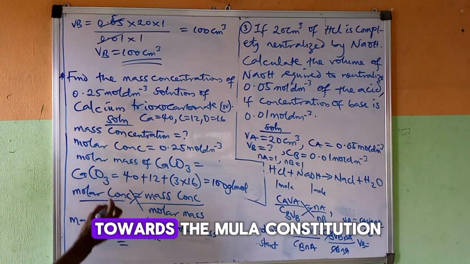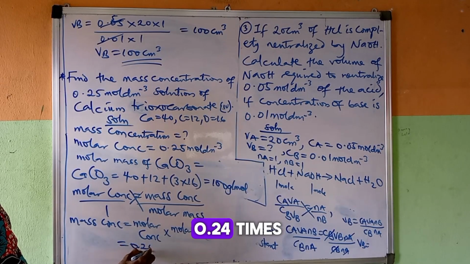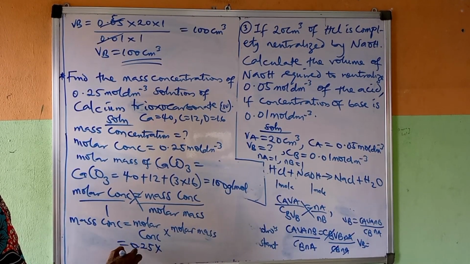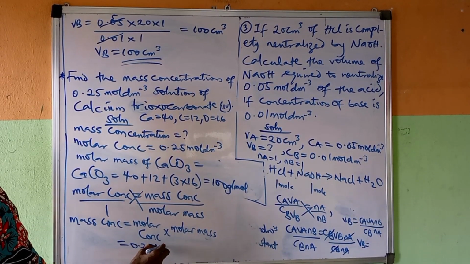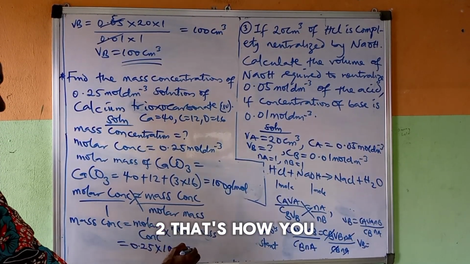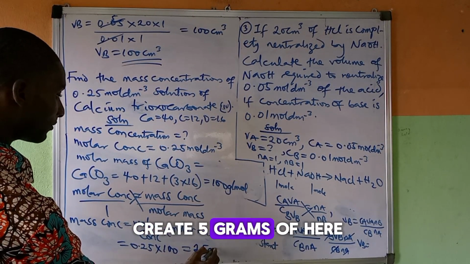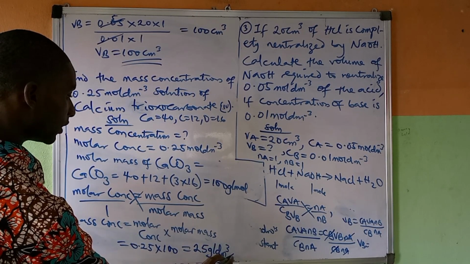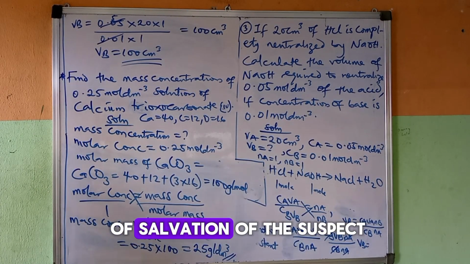What was the molar concentration? 0.25 times the molar mass, which is 100. So if you multiply, the answer will be 25 grams per dm³. That is the mass concentration of the substance.